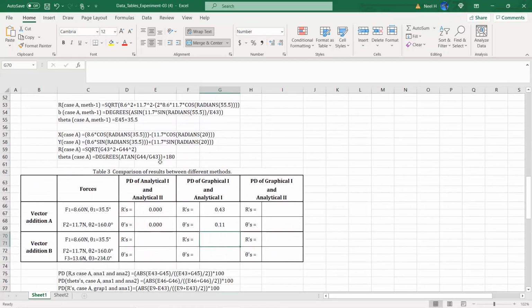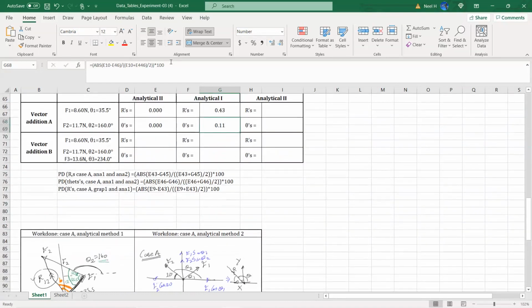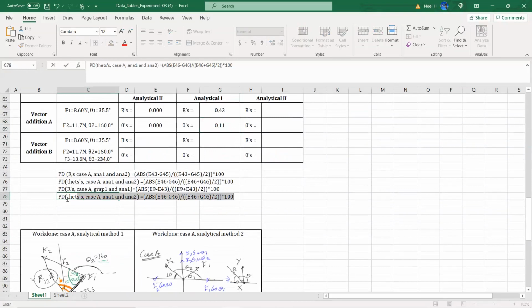I'm still getting a number, the reason is the graphical method has a rounding error, okay? So we'll add that function also here. This is going to be PD for thetas. This is going to be for case A. We are doing graphical 1 and analytical 1.